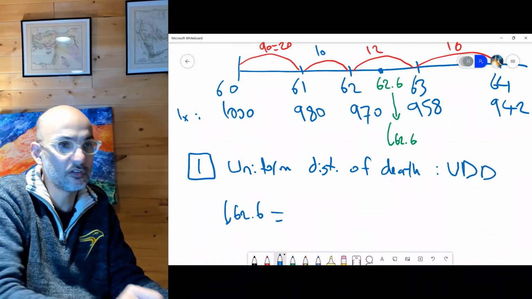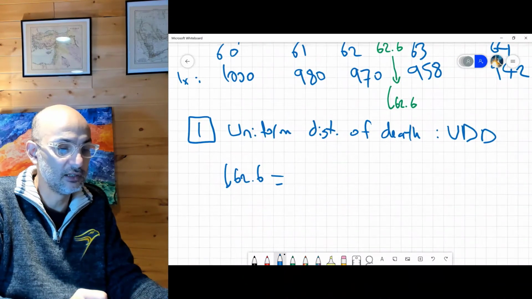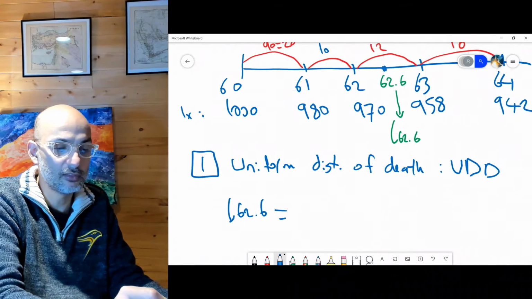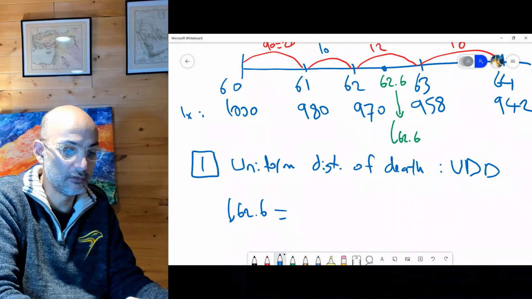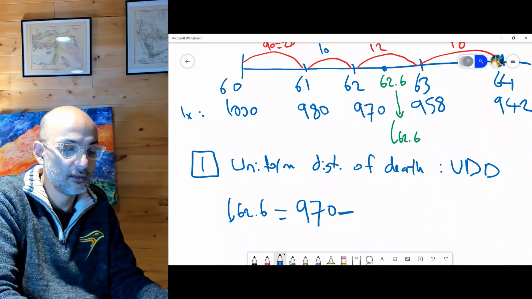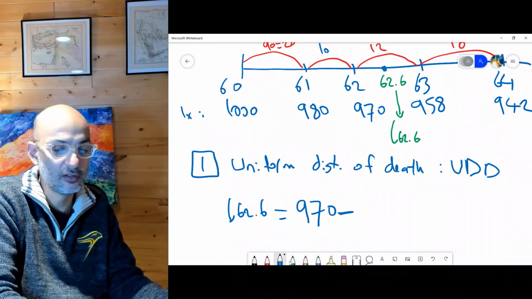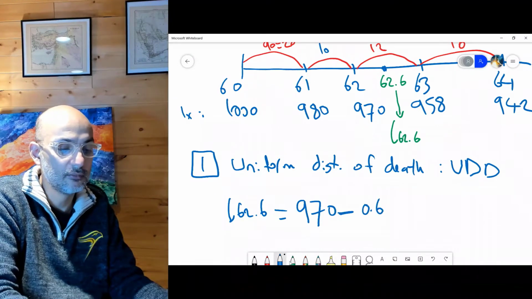So using just simple logic, for L62.6, you don't really need much here. You say what is the death between the two periods, which is 12, or we take the cohort at the beginning of the period and subtract from it the deaths occurring in the first 0.6. So you take 0.6 multiplied by the deaths of 12.